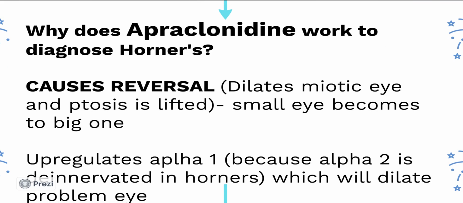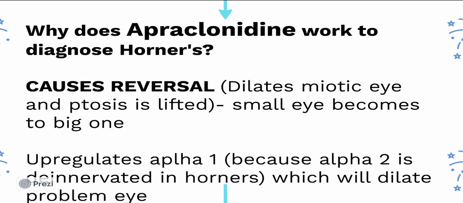The way that apraclonidine works, you will see a mnemonic in just a second. Apraclonidine causes a reversal, meaning when you look at the patient normally, there's a small eye versus the normal eye that is bigger. When you put apraclonidine in, it'll actually dilate the small eye, and that's the reversal, and it will not dilate the normal eye.